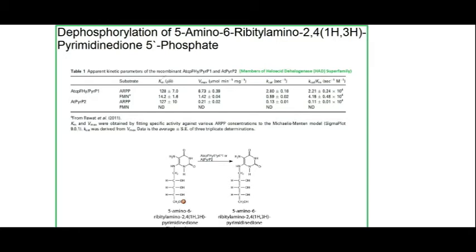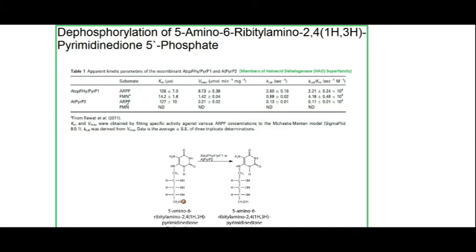And we can see here the Km of the binding. So it looks like the ATPYRP2 is not binding the flavin mononucleotide, which is being used for this. Well, actually, no, it's not being used. This is just a dephosphorylation.